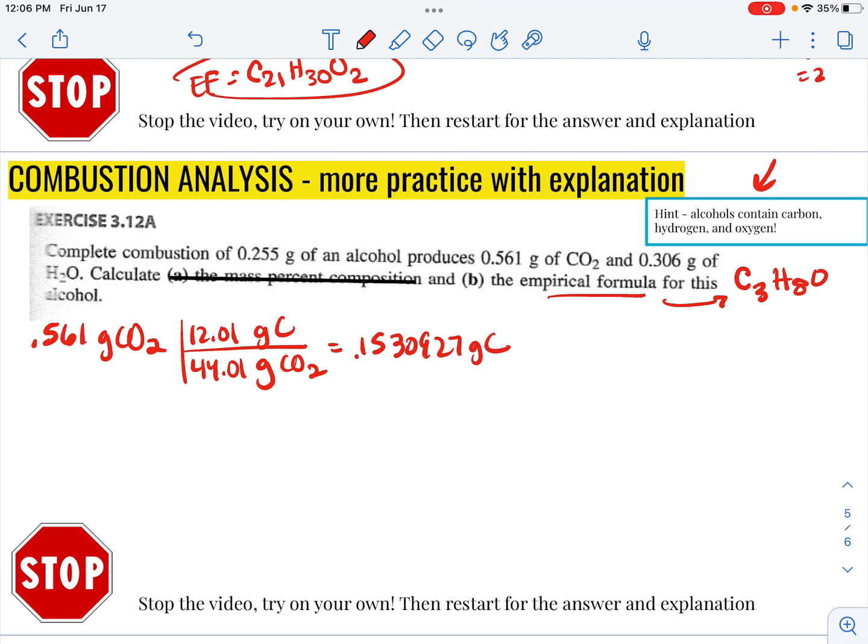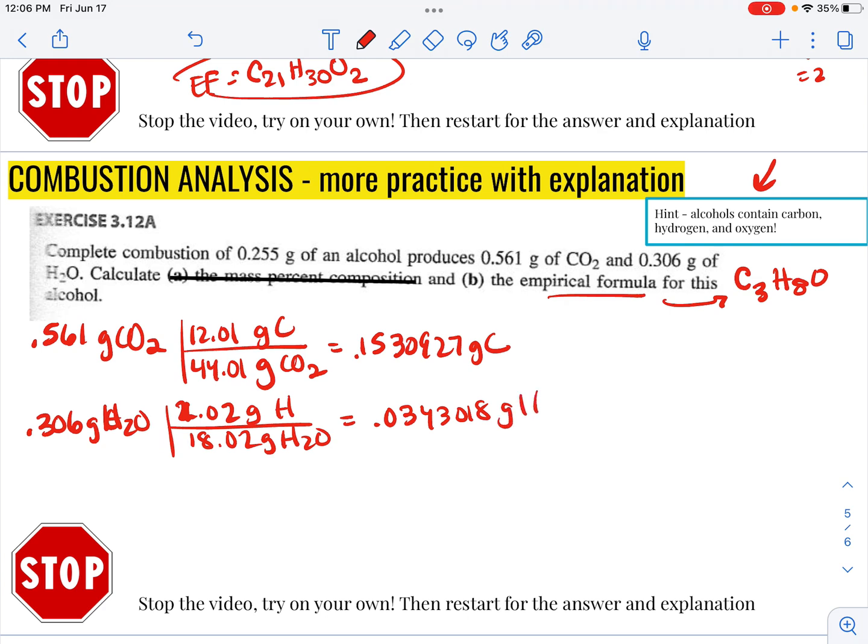I'm going to find the hydrogen from the water, so 0.306 grams of water, 2.02 grams of H, gives me 0.0343018 grams of hydrogen.